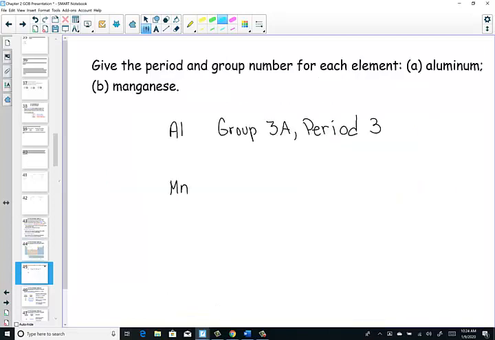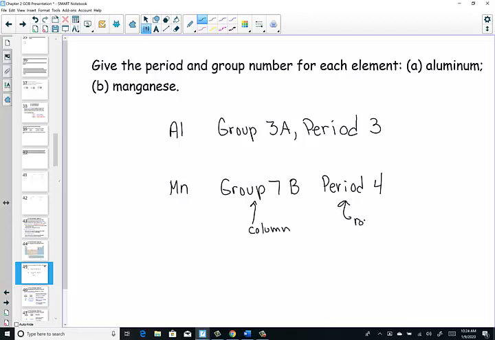Group 7B, period 4. It's a shorty transition element. Finding the column gives the group number, and the row tells us the period. Easy enough. It's like giving an address for every element.